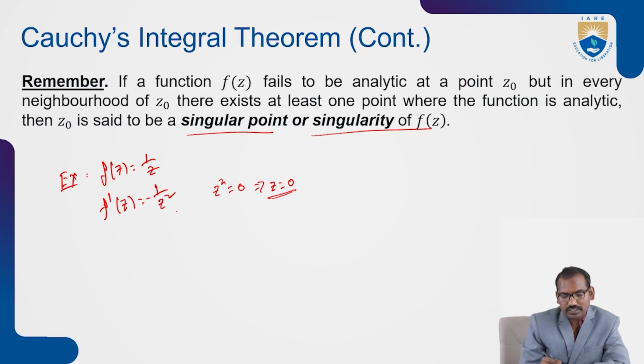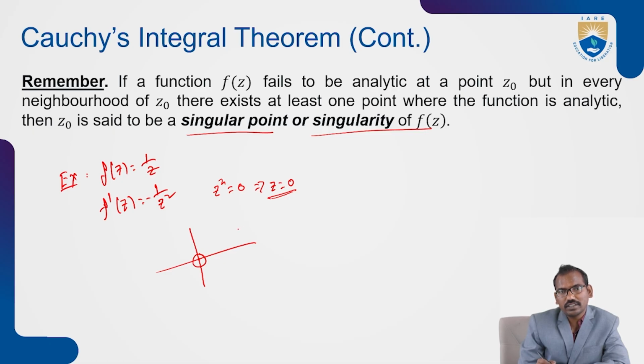It means that at z equal to 0, the function fails to be analytic. But in the neighborhood of z equal to 0, we can find at least one point where the function is analytic. That point we can find in every neighborhood of z equal to 0.